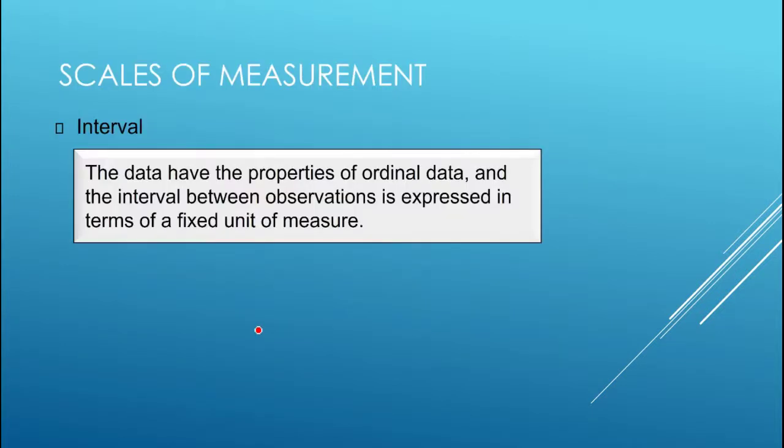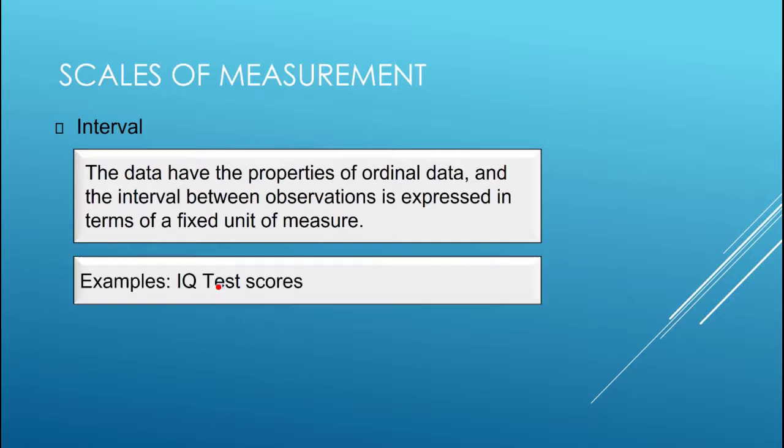Scales of measurement: interval data. This is an example of quantitative data. Interval data are data which will come to us as numbers, so they will be numeric. In interval data, we'll have all the properties of ordinal data, but the interval between the observations will be expressed in a fixed unit of measure, and therefore will have an interpretation.